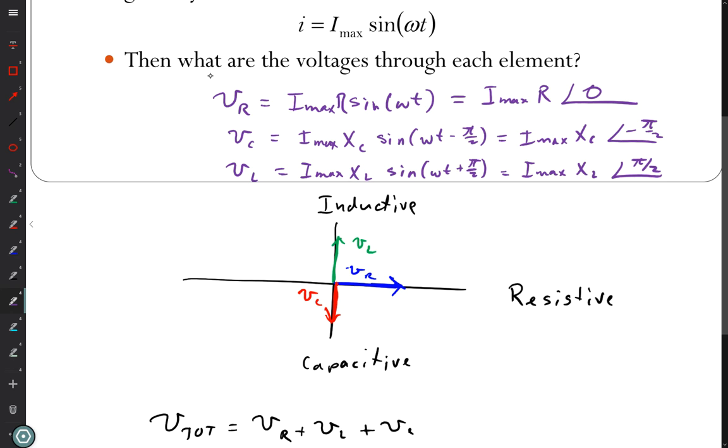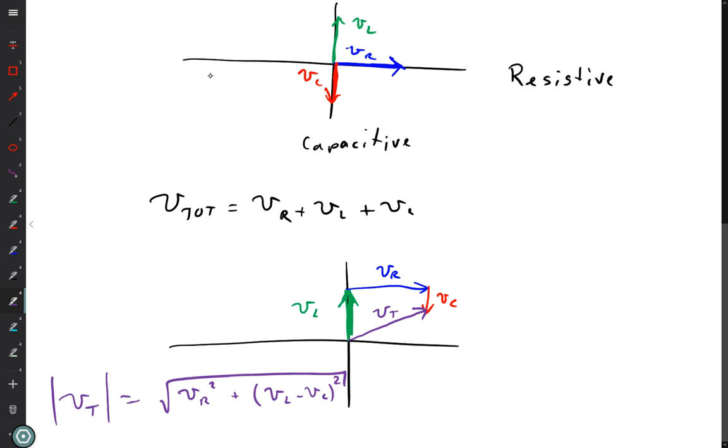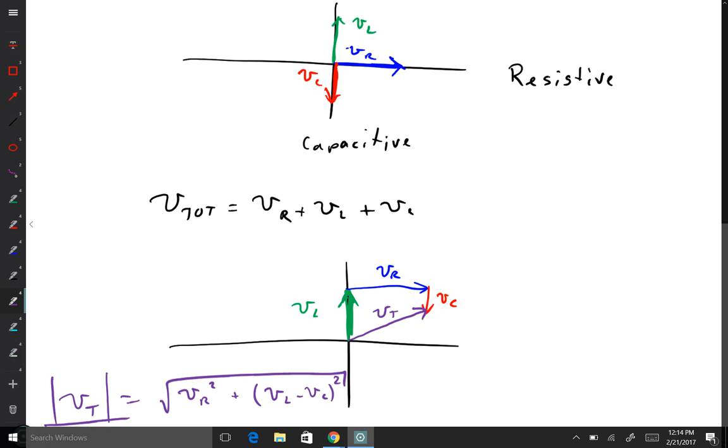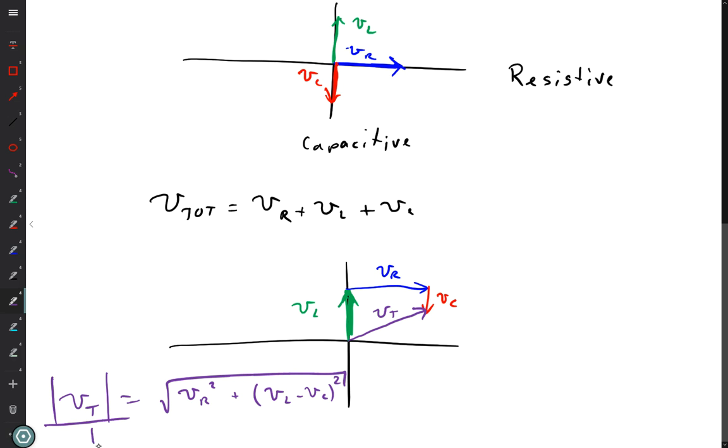Now, since the magnitudes of each one of these were multiplied by current, I will take the V total divided by current, is equal to this over current, and I'll call that the impedance, which we use Z for.